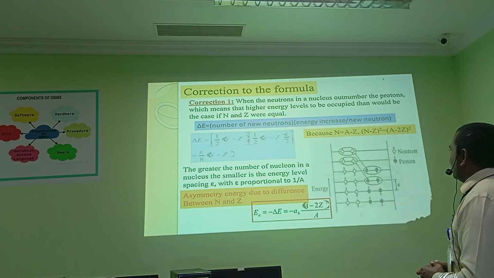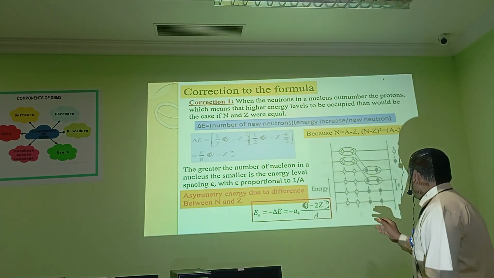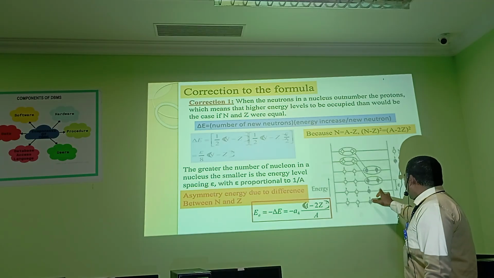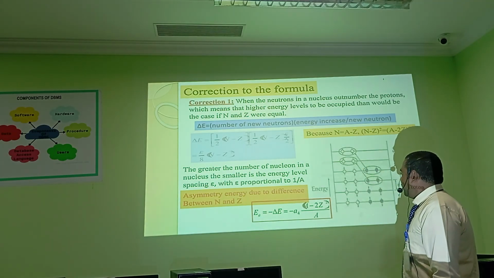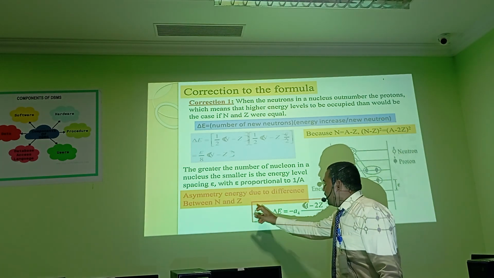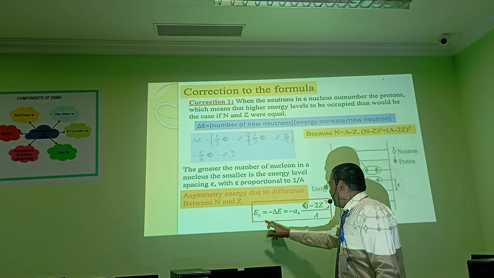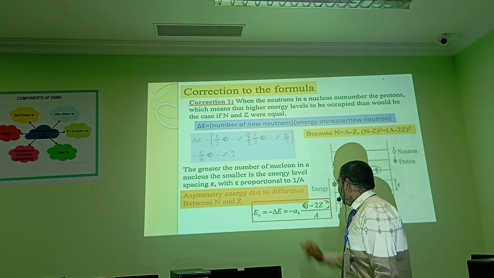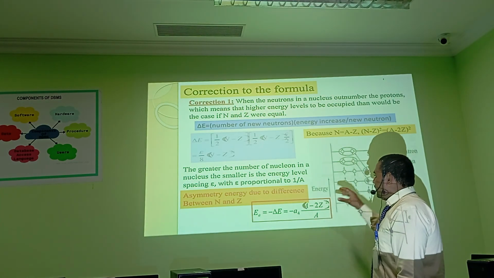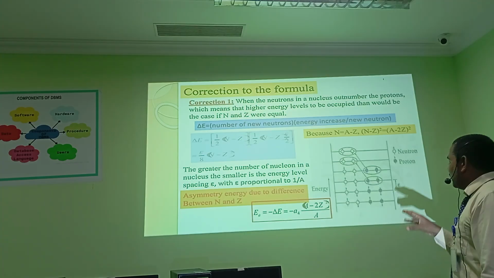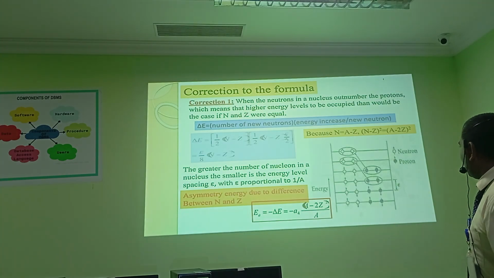The energy levels are ground level, middle level, maximum E1, E2, E3, which is the form of the Coulomb energy. The asymmetric energy term is minus delta V equals minus A4 (A minus 2Z) divided by E. That is the difference between N and Z.